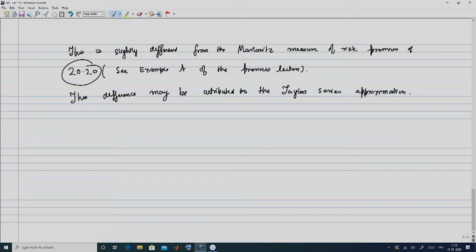Okay, now, we refer back to the Pratt-Arrow risk premium.